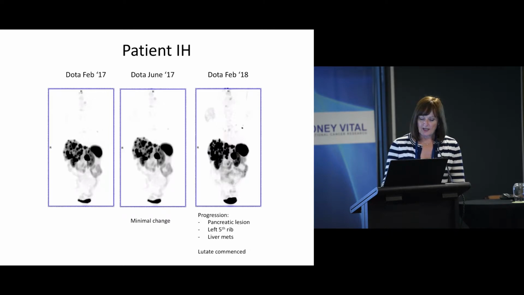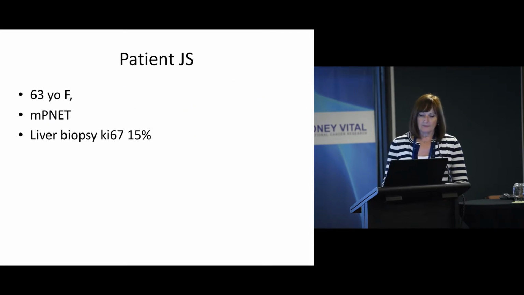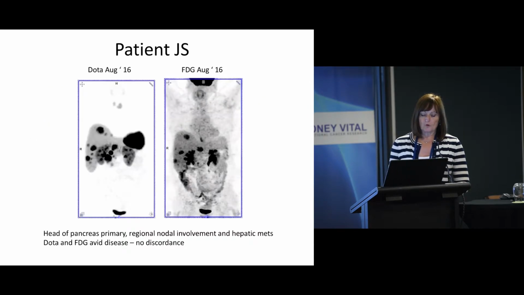This next patient is another patient with metastatic pancreatic neuroendocrine tumour. She at diagnosis had a pancreatic primary, some local nodes and hepatic metastases. Quite a lot of this disease was significantly FDG avid and in a concordant fashion, no discordant disease.